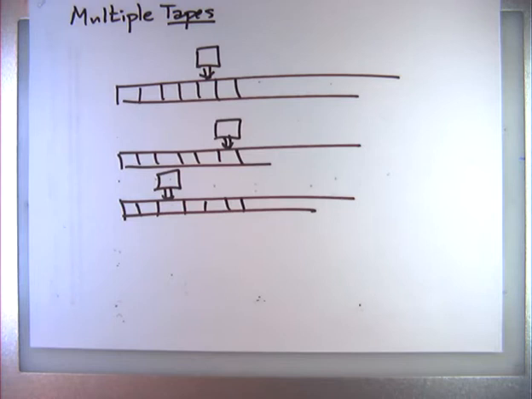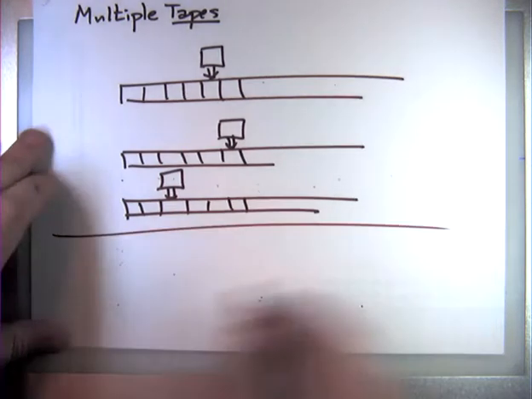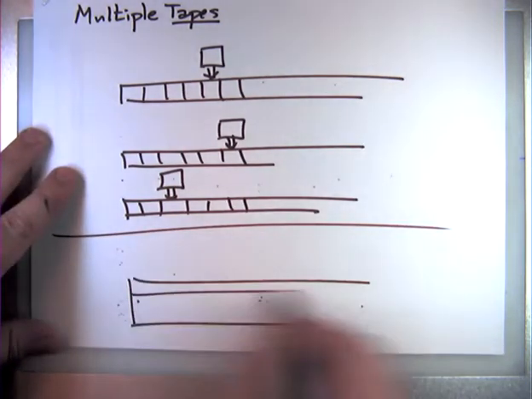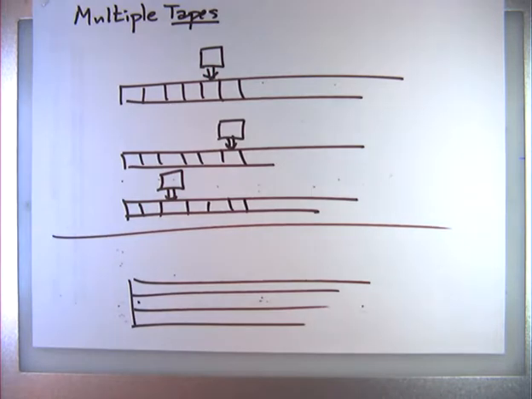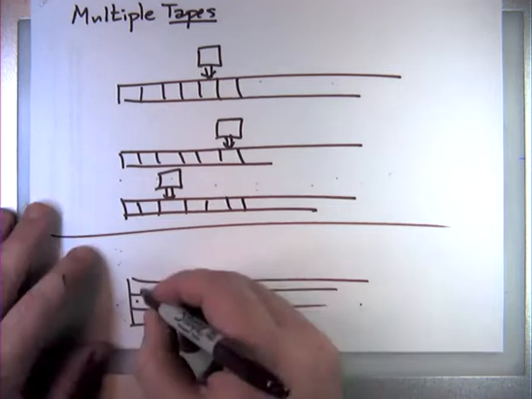So I want to simulate this using a Turing machine that has one tape. What will I have on that tape? Yes, that's it. So in the simulated machine, I'm just going to simulate three tapes, each with one track, using one tape that has three tracks.